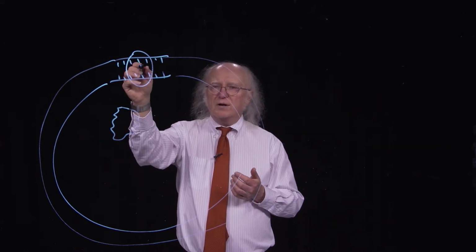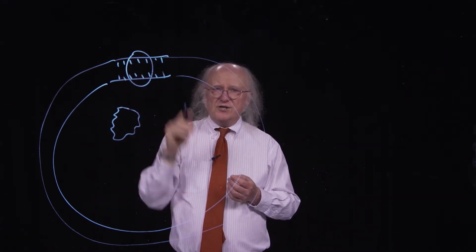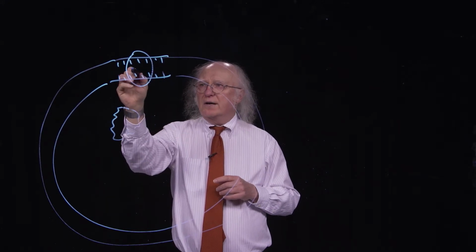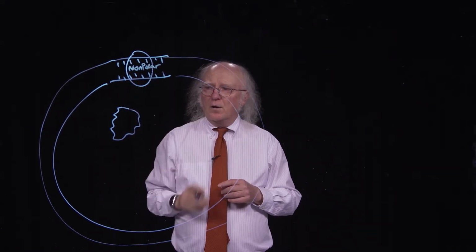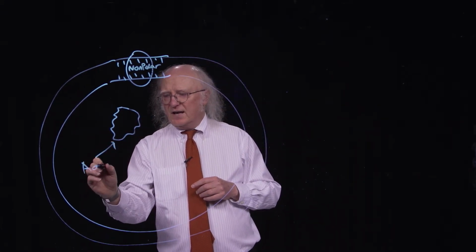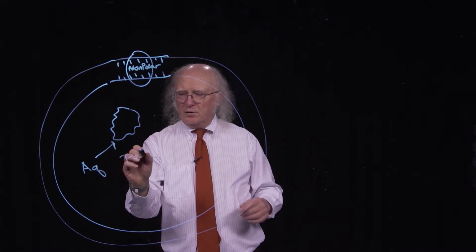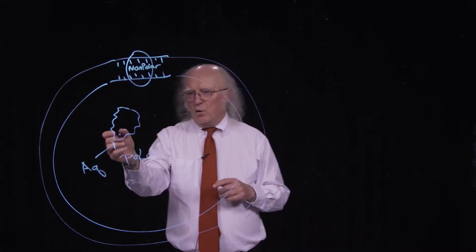The porin is embedded in a region of the membrane that is very non-polar. Whereas this guy here is in the aqueous environment of the cell, which is very polar.